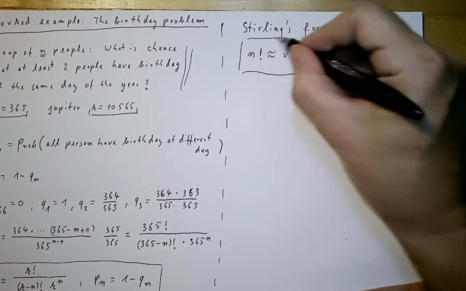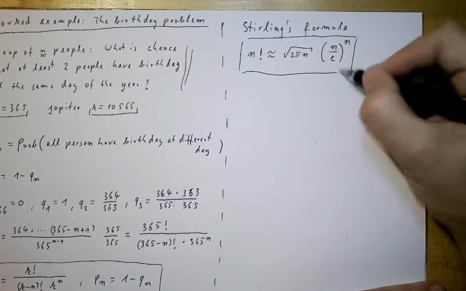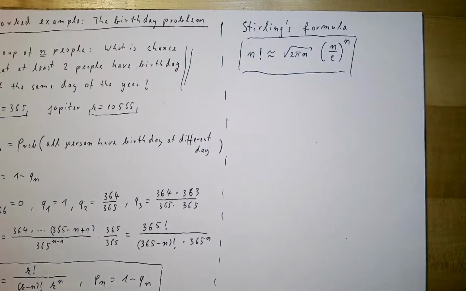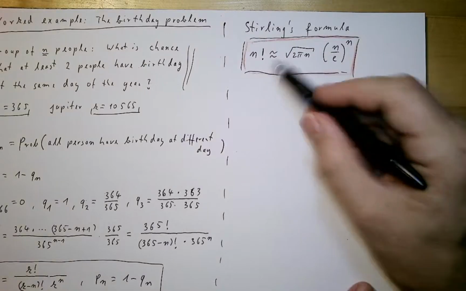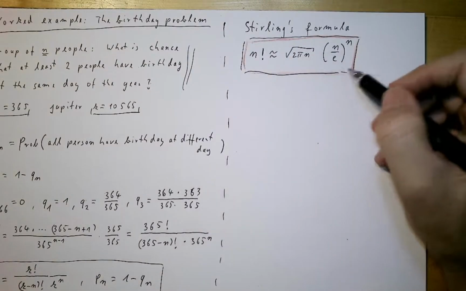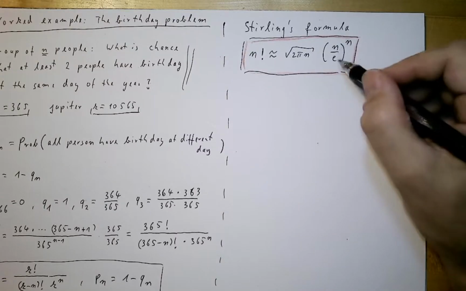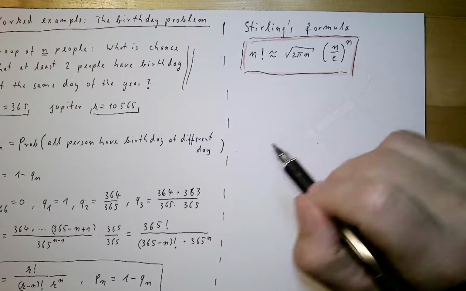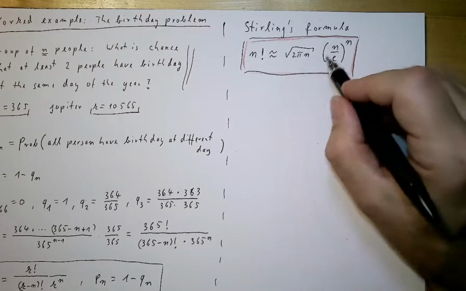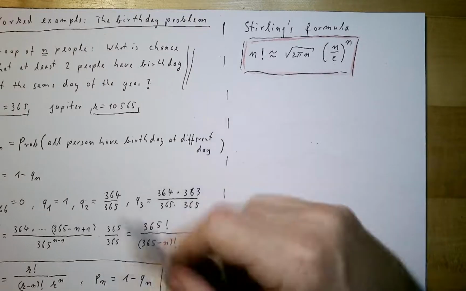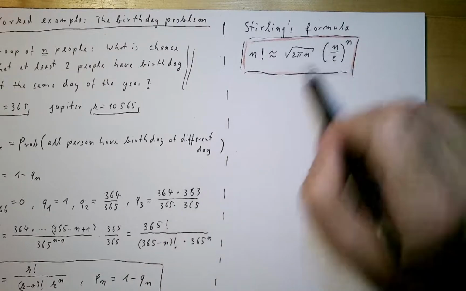That's a really useful formula. So I made this in red to emphasize this. This is one of the formulas which is not bad to memorize. I mean, usually you don't have to memorize formulas, but if you work more with this kind of problems, it's a cool formula.